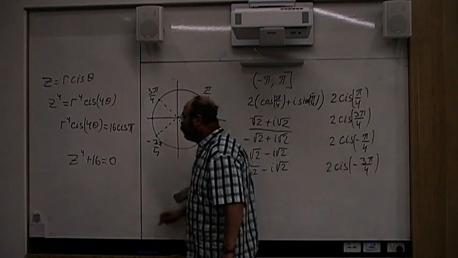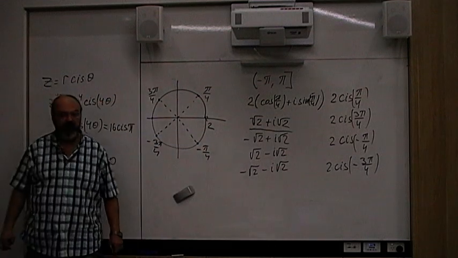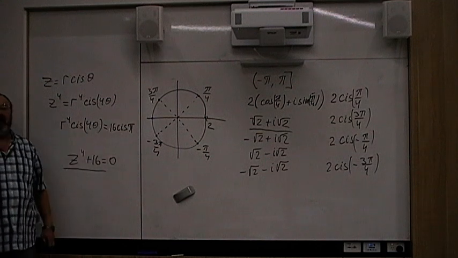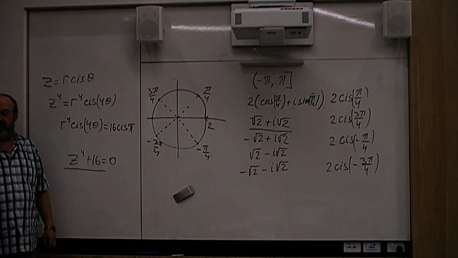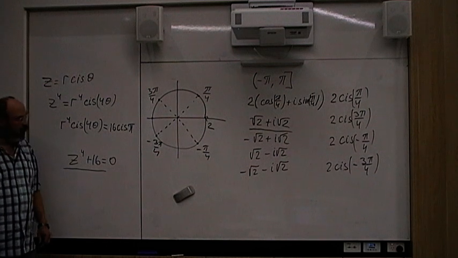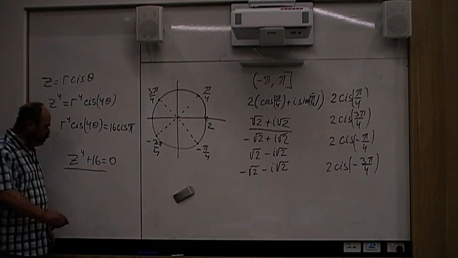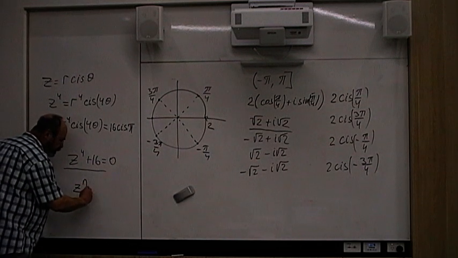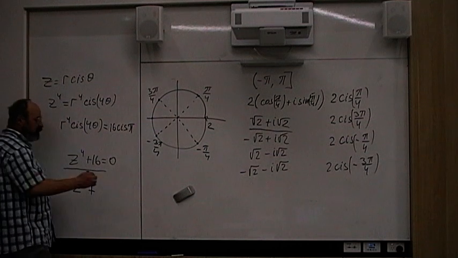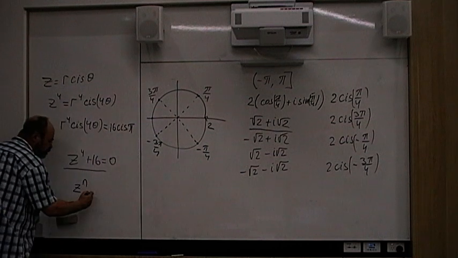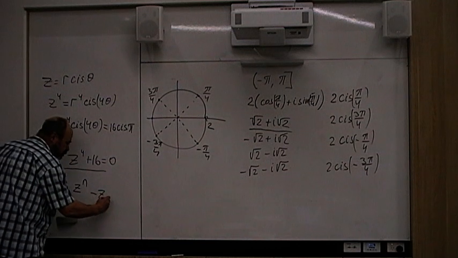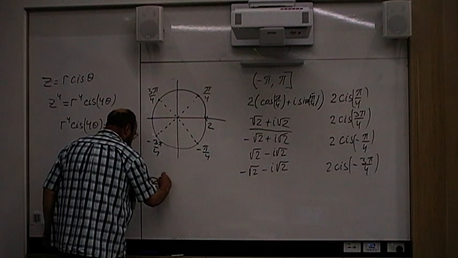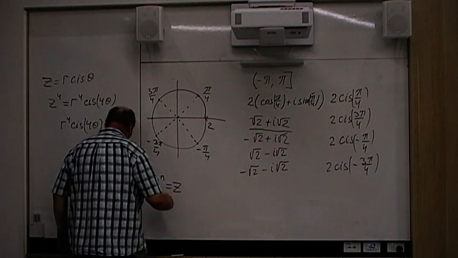So we have found 4 solutions of the equation z to the power 4 plus 16 equals 0 in the Cartesian form. If you solve an equation z to the power of n minus z1 equals 0, you rewrite it as z to the power of n equals z1.